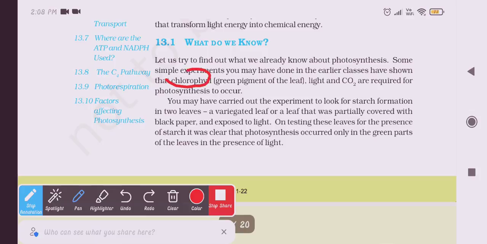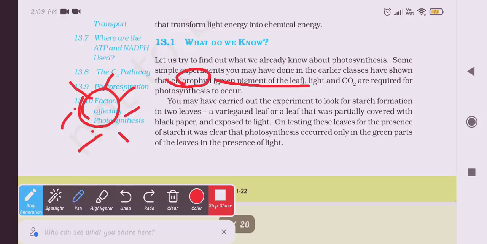We have a pigment called chlorophyll in green plants, which is present in the leaf, and which is the only thing which actually traps sunlight. Like this is a leaf, the chlorophyll present in it will actually trap the sunlight.